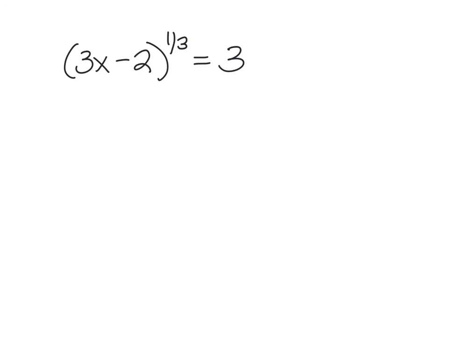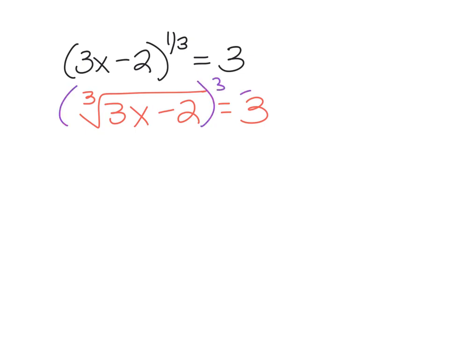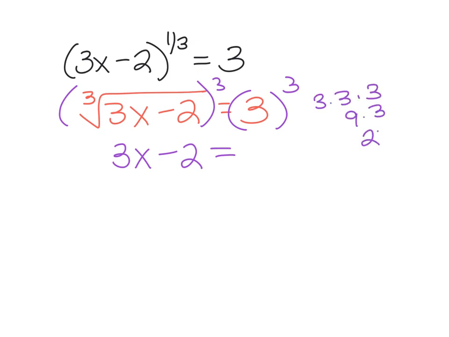So for these, that 1/3 is the same thing as saying the cube root of 3x minus 2. So to eliminate that cube root, I would raise both sides to the 3rd power. So 3x minus 2 would equal 3 times 3 times 3, 9 times 3, which is 27.